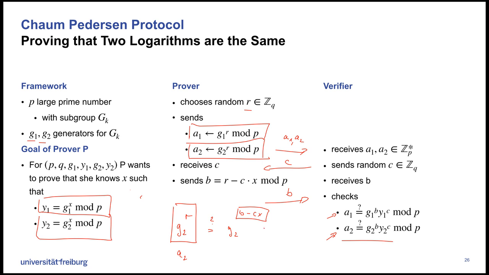What is y2? y2 is G2 to the x. So that is y2 to the power of C. Okay, so I just substituted everything into this equation.